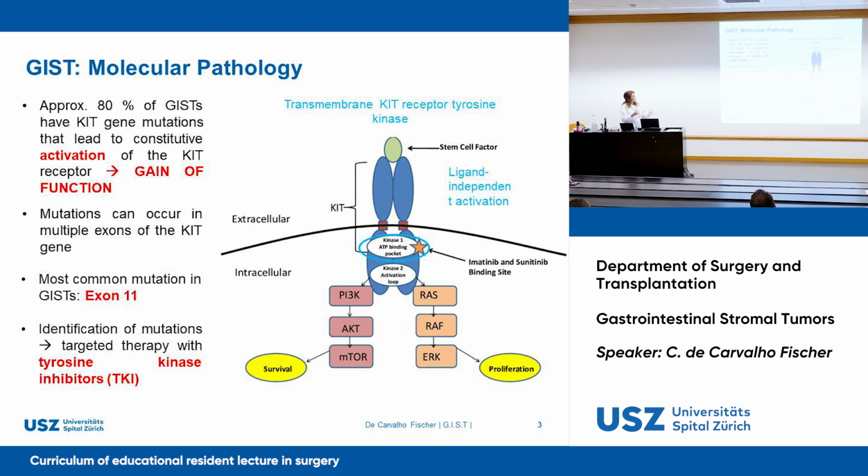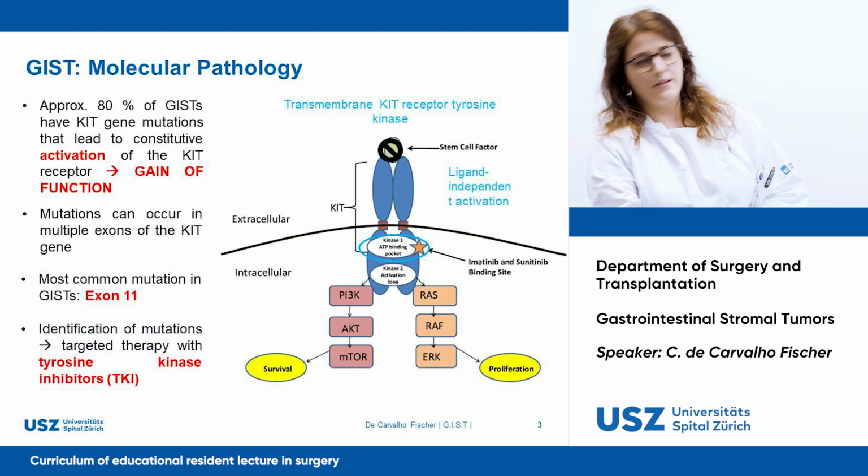Mutations can occur in multiple exons of the KIT receptor gene, and they mostly lead to a ligand-independent activation. What does this mean? This means that the stem cell factor that would normally be required to activate the receptor and to activate these pathways of survival and proliferation is no longer needed, and the receptor functions merely on its own.